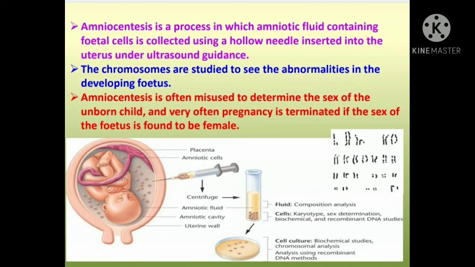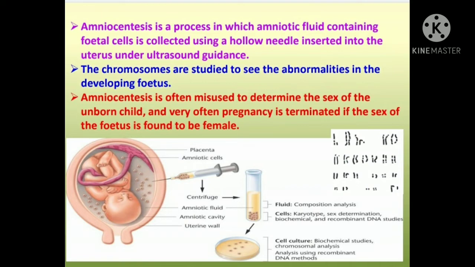In India, in small towns and small villages, even today there are some cases where they find out the sex of the fetus, and when they come to know about it, if the fetus is female, then it is aborted, which is totally illegal.